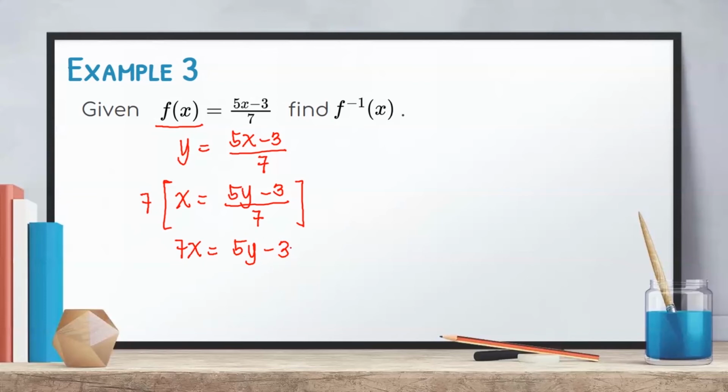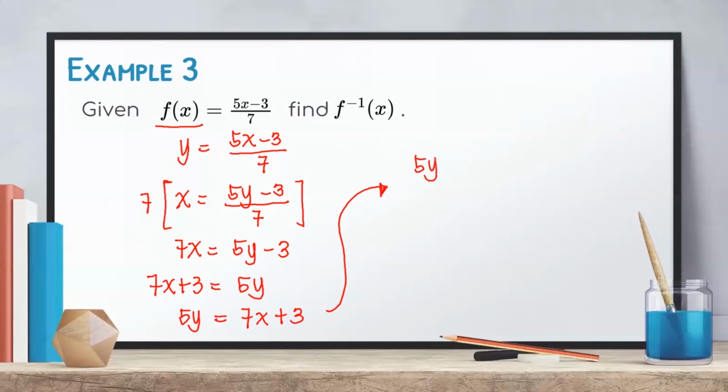So let us write negative 3 on the other side of the equation, giving us 7x plus 3 equals 5y. Once again, by reflexive property, we can write the equation as 5y equals 7x plus 3.